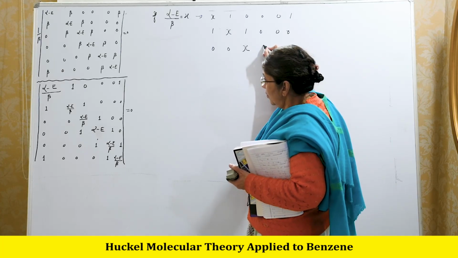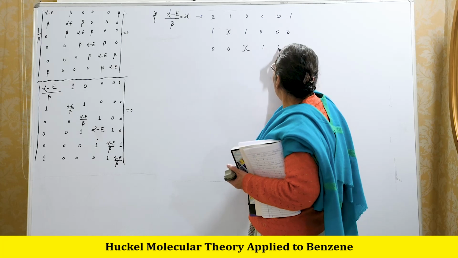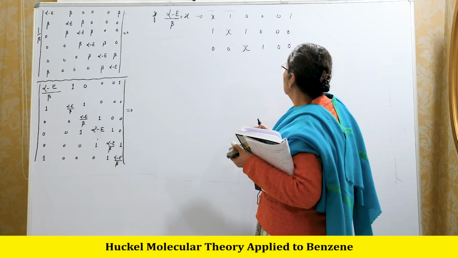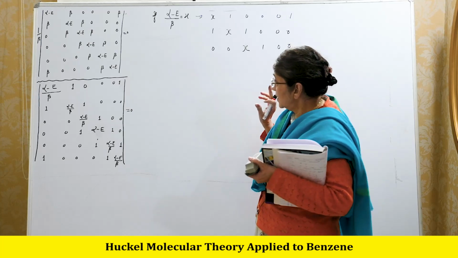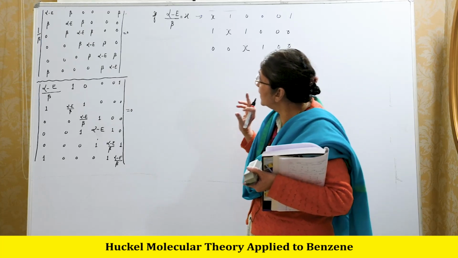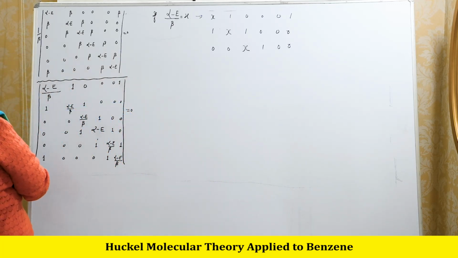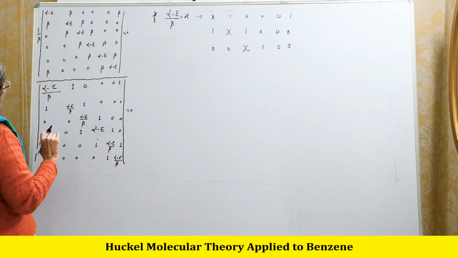0 0 x 1 and 0 0. Third line is 0 1 x 1, so how?